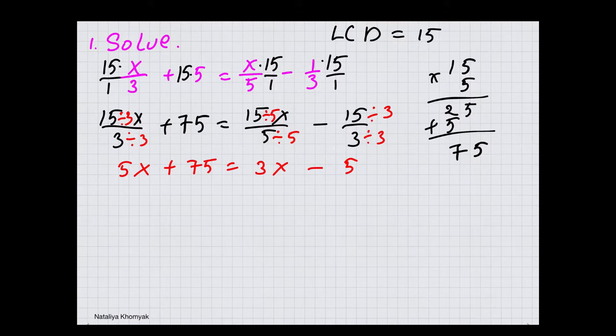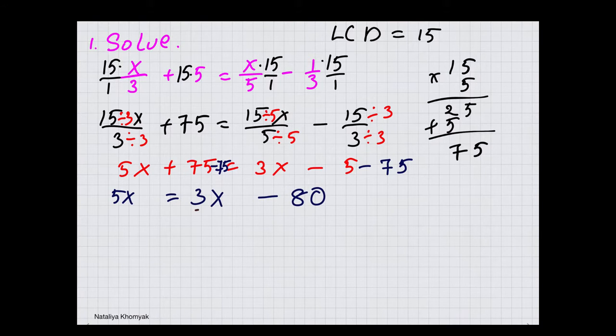Let's solve. We have plus 75 and I want it on the other side of the equal sign. So I do the inverse of it, minus 75 on both sides. So we have 5x equals to 3x. Same sign, look for sum, which is negative 80.